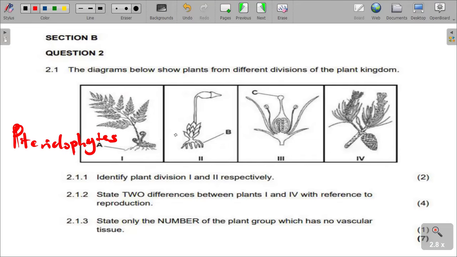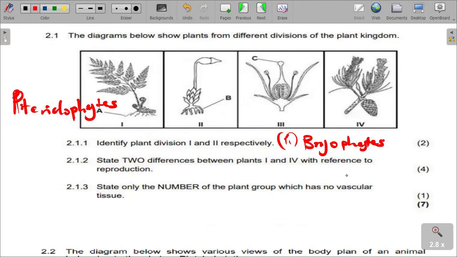And then 2 is the pteridophytes. The two divisions of one and two are the bryophytes and the pteridophytes. I have already explained the differences when we answered question number one.